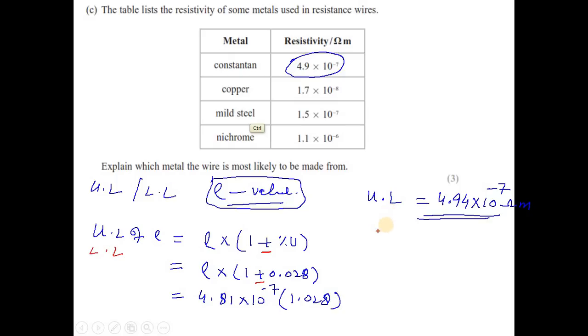That's why your wire is constantan wire. But you don't need to check the lower. You can check either of the two, either the upper limit or the lower limit. Most of the time we check the upper limit and say whether it falls within the limit or not. So that's how we can figure out the material from which the wire is made.